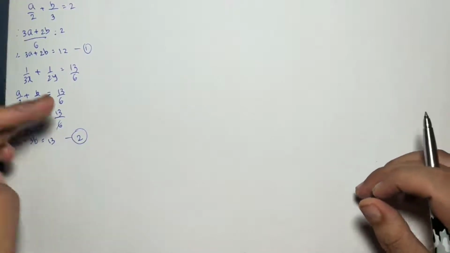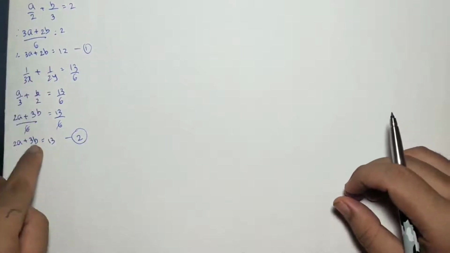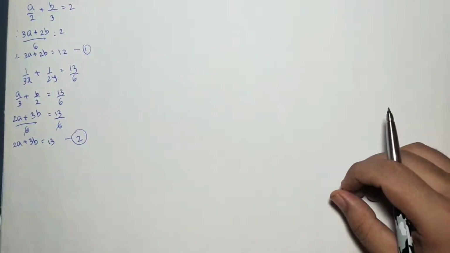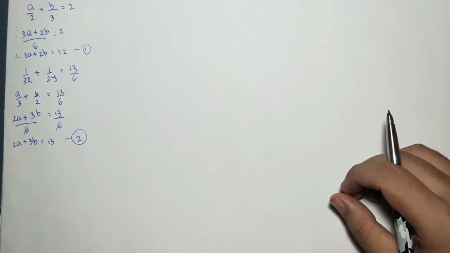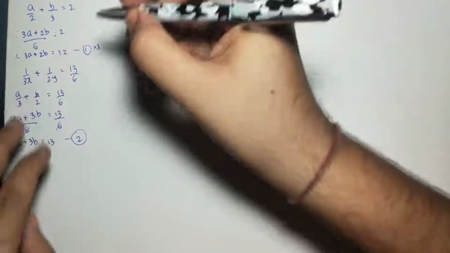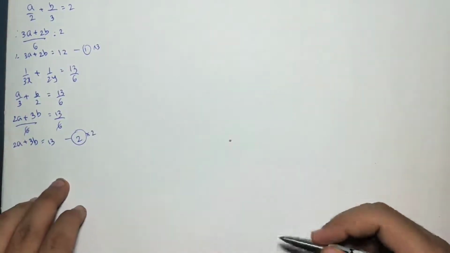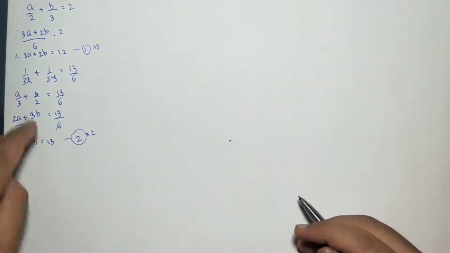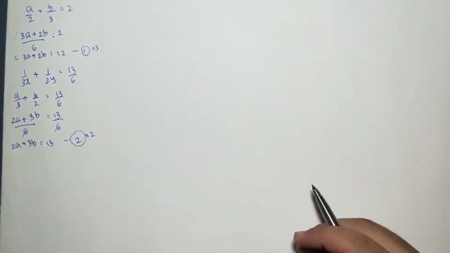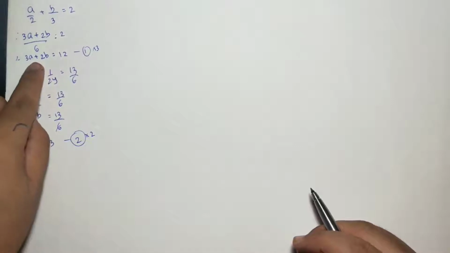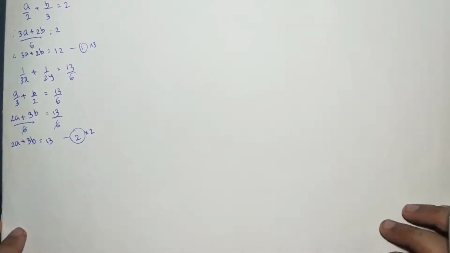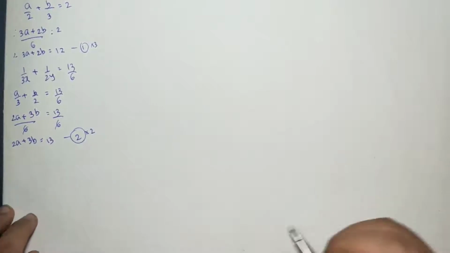Let us make b the same. The coefficient of b is 2 and 3. The LCM of 2 and 3 is 6. So the first equation will get multiplied with 3. The second equation will get multiplied with 2. And then both the variables have the same sign. Both are positive. Here b is positive, here b also positive. So if both the variables are positive, in elimination, we will subtract them.